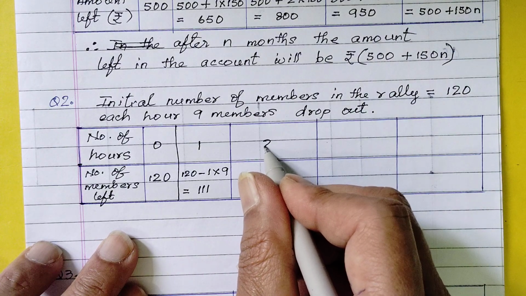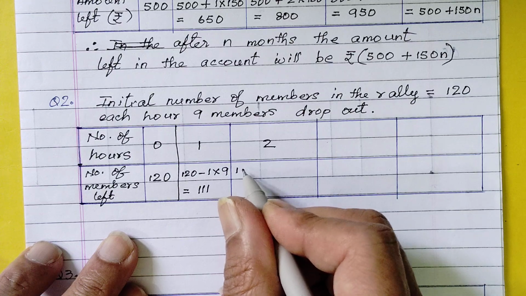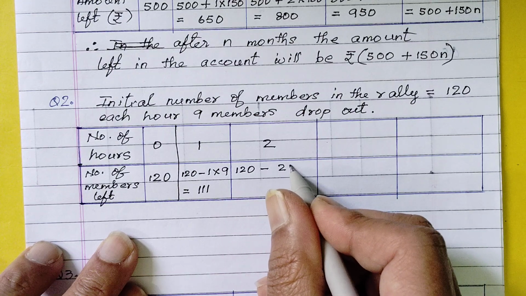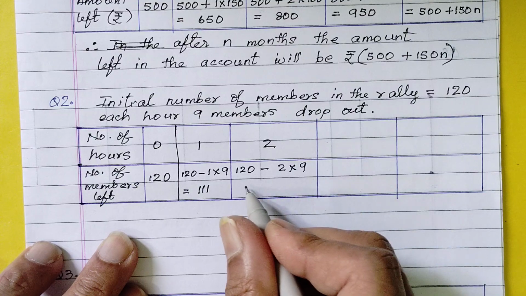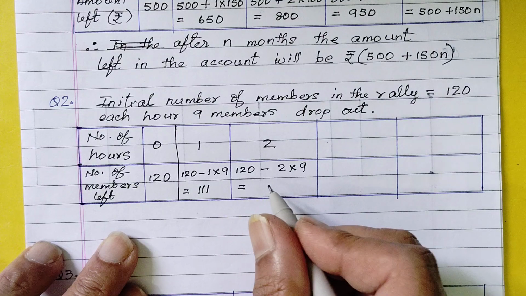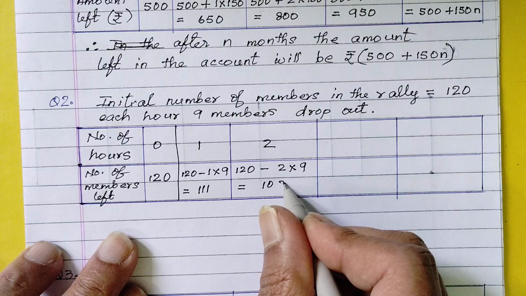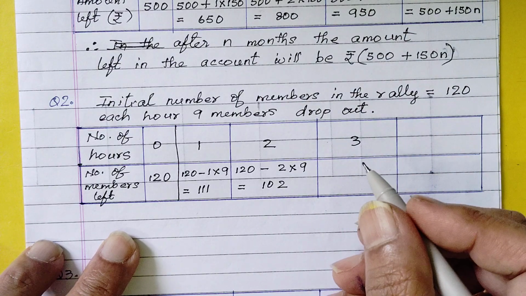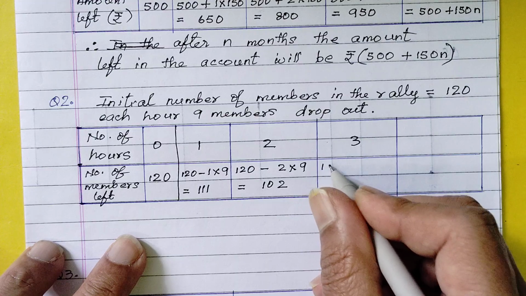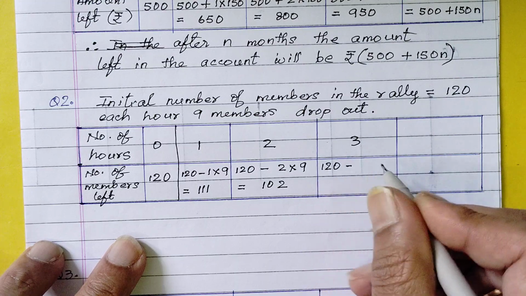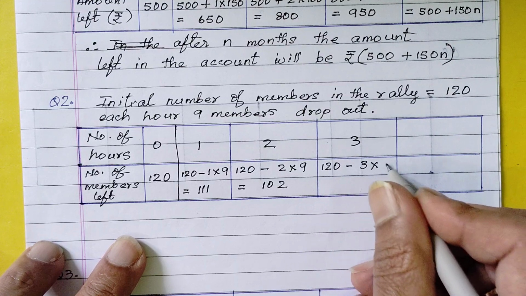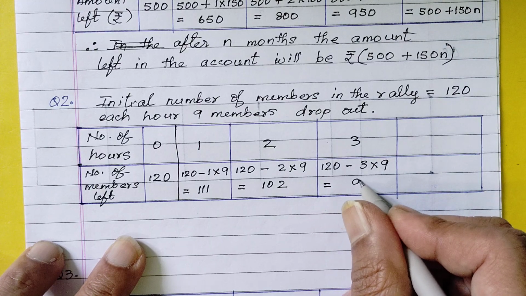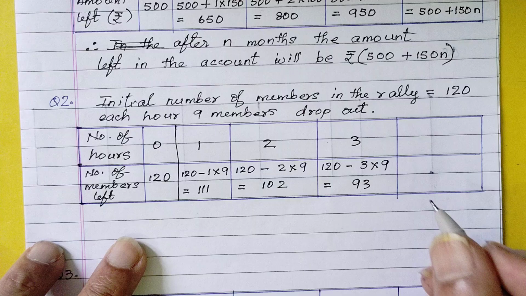After 2 hours, the number of members left will be 120 minus 2 into 9, that's equal to 102 members. After 3 hours, the number of members left will be 120 minus 3 into 9, that will be equal to 93. It goes on like this.